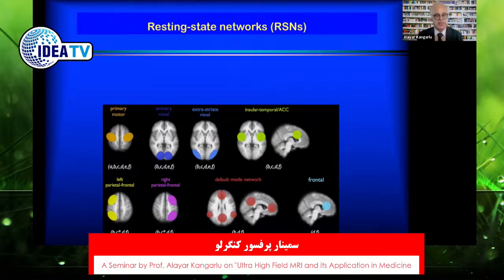And among all these networks that have anchors in different brain regions, the nodes are anchored in primary motor, some are in the visual, and sometimes in the extrastriate visual and anterior cingulate cortex. And there is one network that's identified as the default mode network.